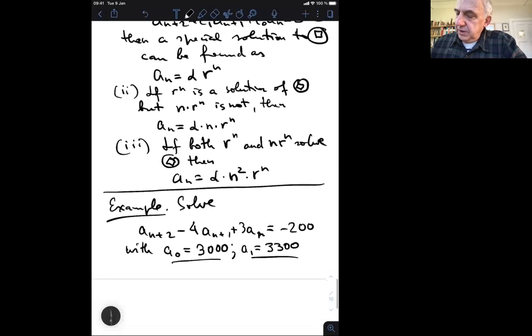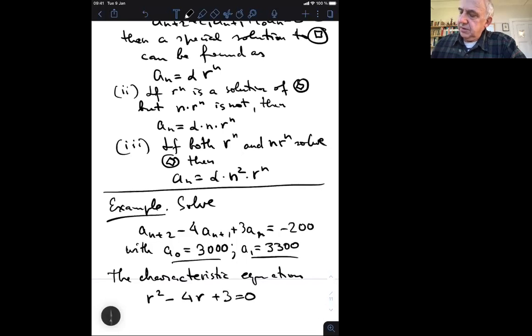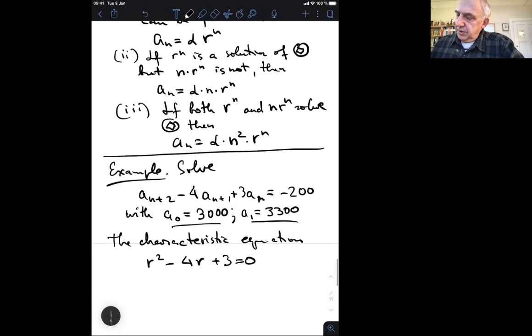So the characteristic equation, you can probably tell me yourself, would be r squared minus 4r plus 3 vanishes, which is r minus 3 times r minus 1 vanishes, yes.